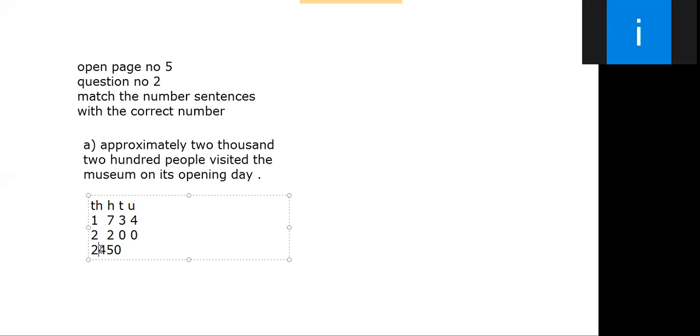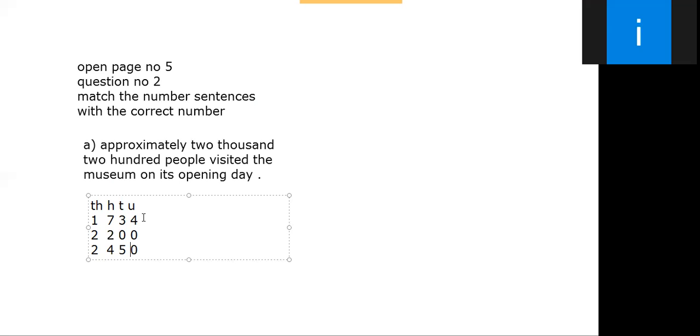The first one, we read how many units we have. In the first value, we have 4 units, 3 tens, 7 hundreds and 1 thousand. So the value is 1734. The second value is 2200. The third one is 2450.